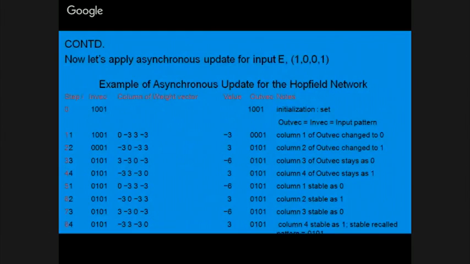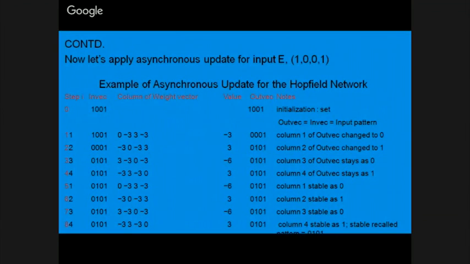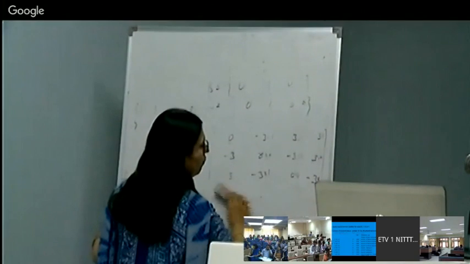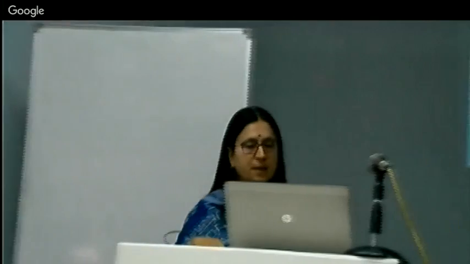Say the input vector being applied is E, and the input vector now is 1 0 0 1. If the input vector E is 1, 0, 0, 1, then we'll determine the activation for neurons 1, 2, 3 and 4 one by one, and we will change the input of the Hopfield network at each step.